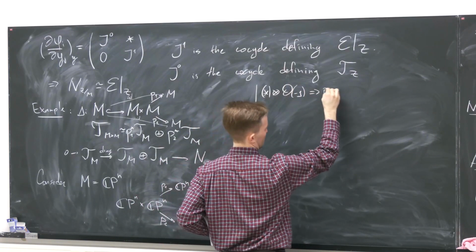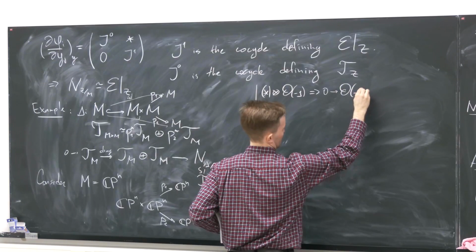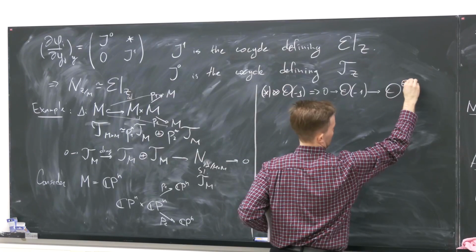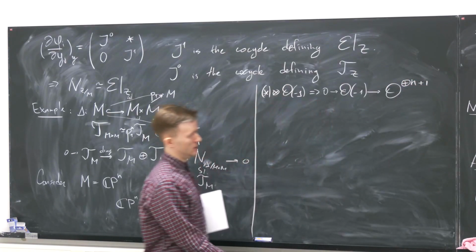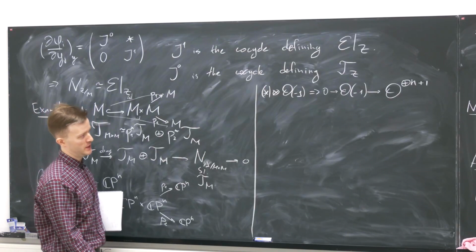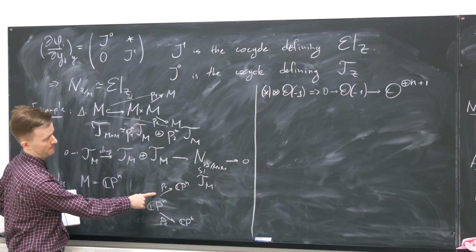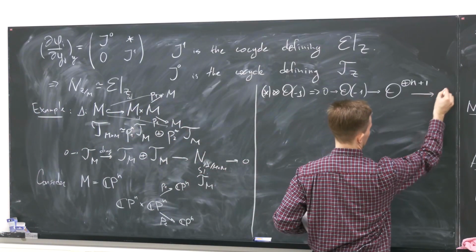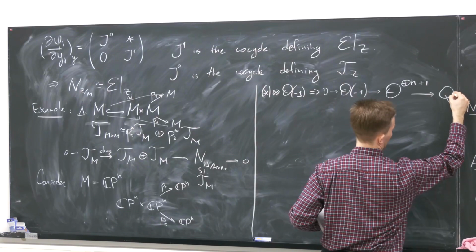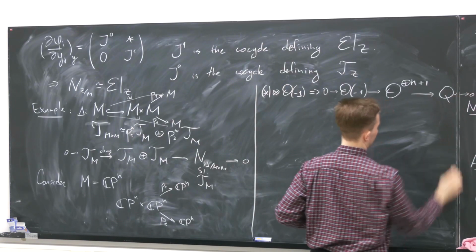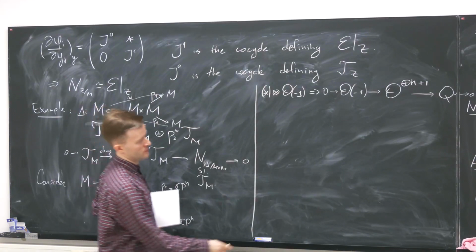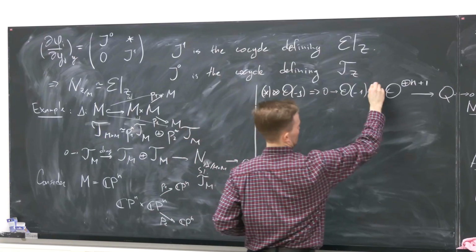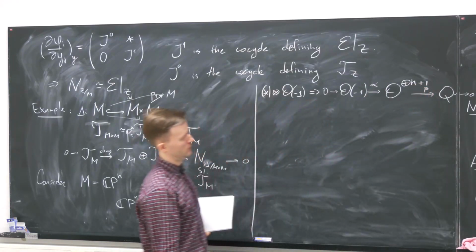So then I get the following sequence: O of -1 goes to O, direct sum of n plus 1 copies. So now I want to pull this back via P1. And okay, so let's also call this the quotient. Let's call it Q. So let's call these two maps alpha and beta, for example.